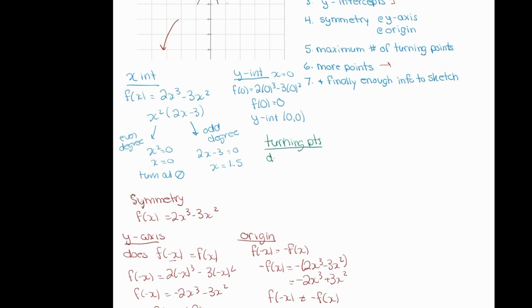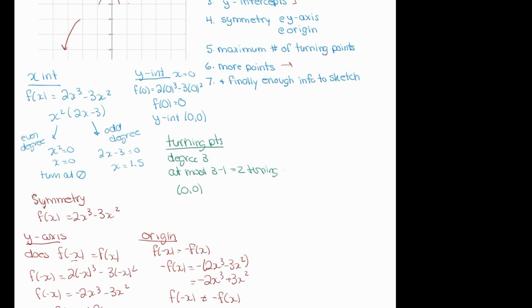If my degree is 3, at most, remember, we'll have 3 minus 1 turning points, so 2 turning points. That's my maximum. We know that there's one at (0, 0). Now we just need to find more points to figure out where the other one is going to be, and that takes us to our next part of finding more points.